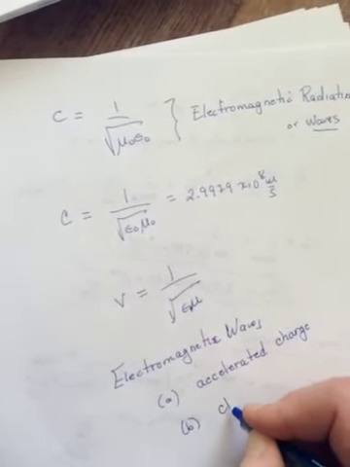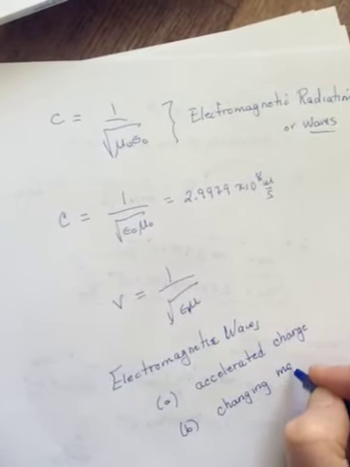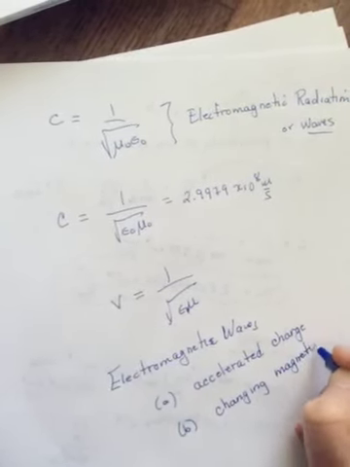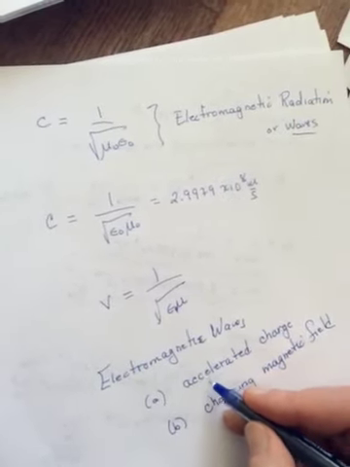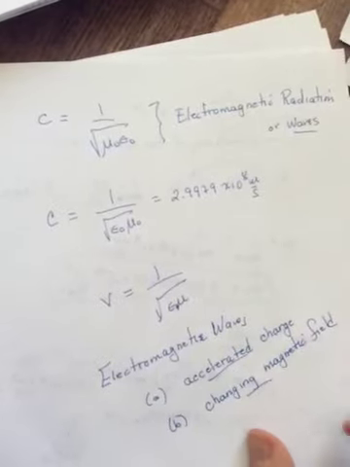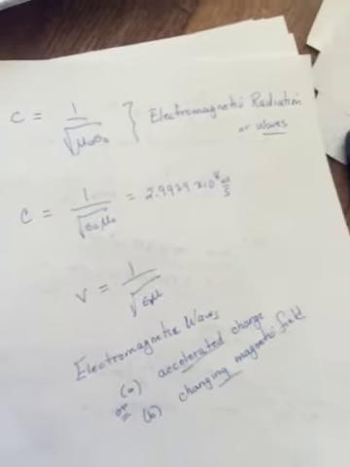Or you need a changing magnetic field, because we know a changing magnetic field will induce a current, will create an electric field. Okay, so you need one of those two things, and it will create the other. All right, cool or what?